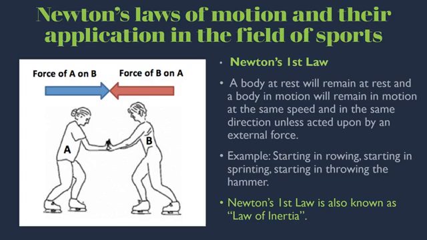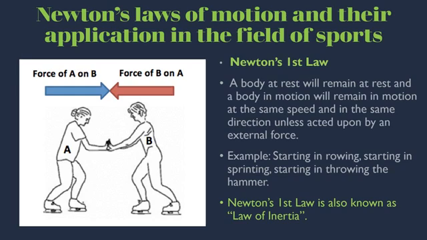The amount of inertia a body has depends on its mass. In simple words, a body at rest will remain at rest and a body in motion will remain in motion at the same speed and in the same direction unless acted upon by an external force.